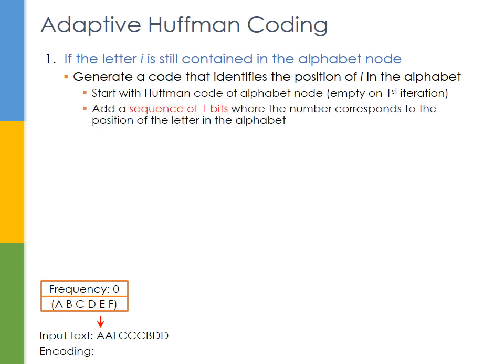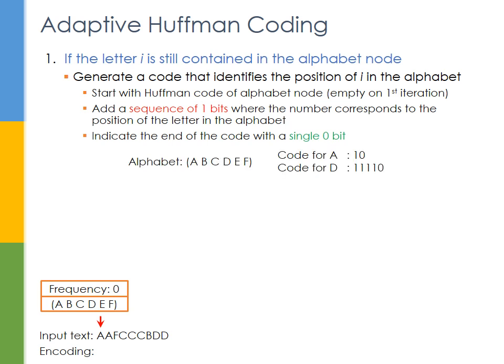Following the Huffman code of the alphabet node, we then add a sequence of 1 bits, where the number of 1 bits corresponds to the position of the letter within the alphabet that is currently contained in the alphabet node. We then indicate the end of the code with a single 0 bit, which indicates that the sequence of 1 bits has ended.